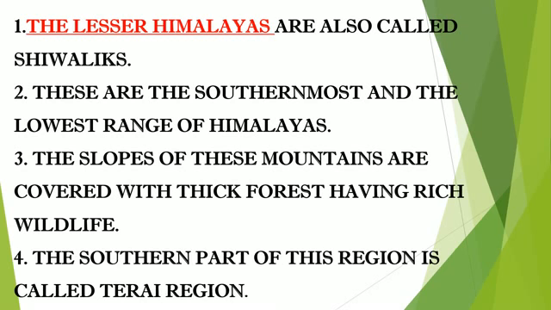And the last feature of this range is that the southern, lower part of the Shivaliks is called the Terai region. So these are some of the features of the Lesser Himalayas, or you can say the Shivaliks.